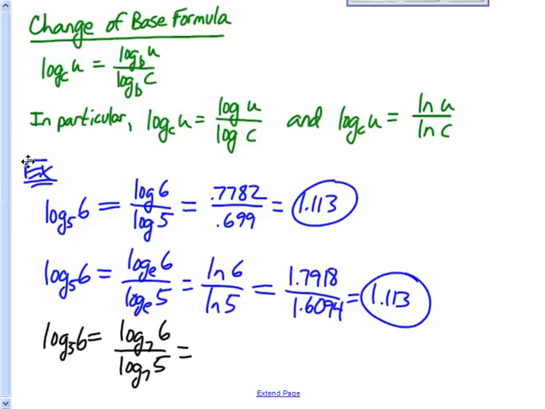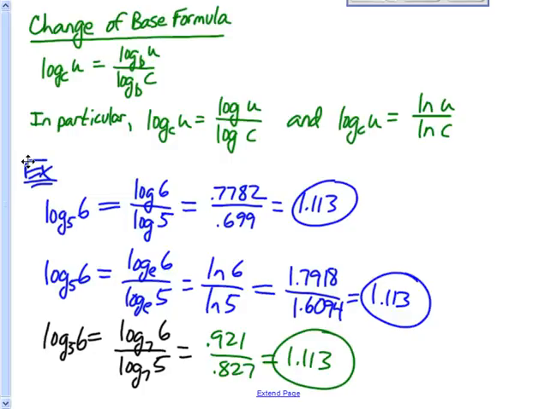Let me punch that in on a TI-89 here. This is 0.921. That's 0.827. So that'll give you 1.113.